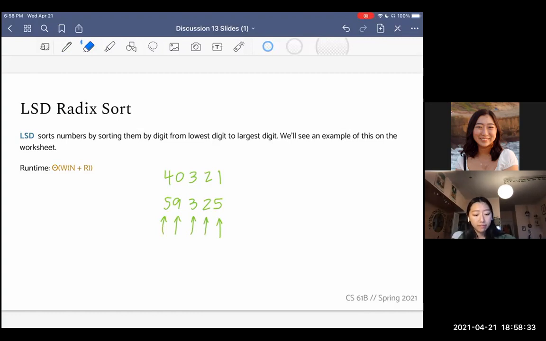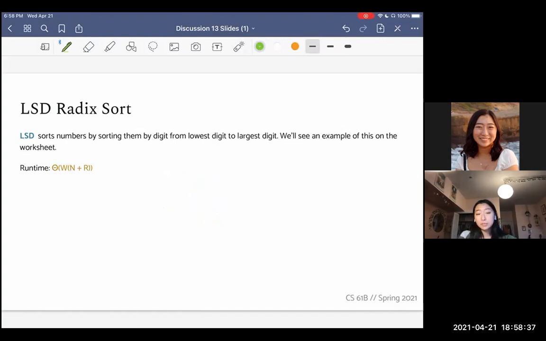The runtime of LSD radix sort is going to be W times (N plus R), where W is the size of your largest word, N is the number of words, and R is the radix size.